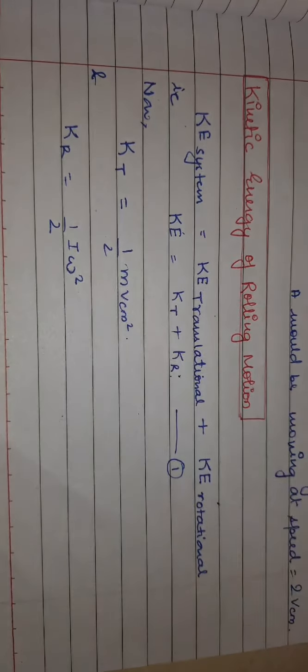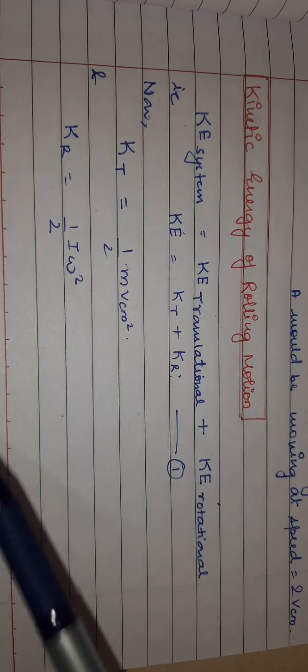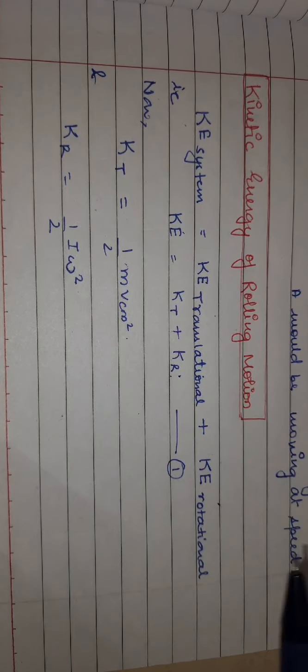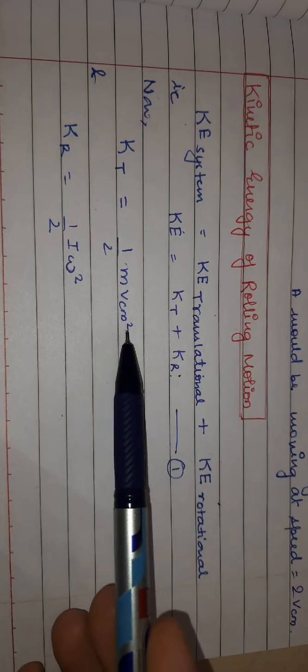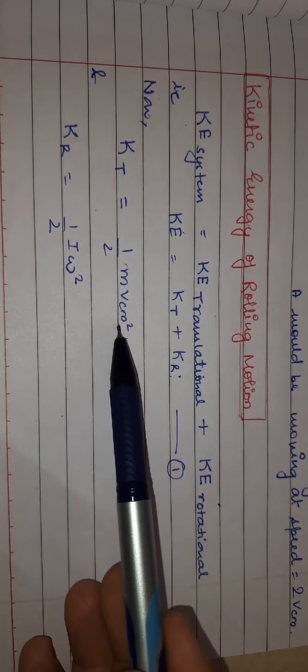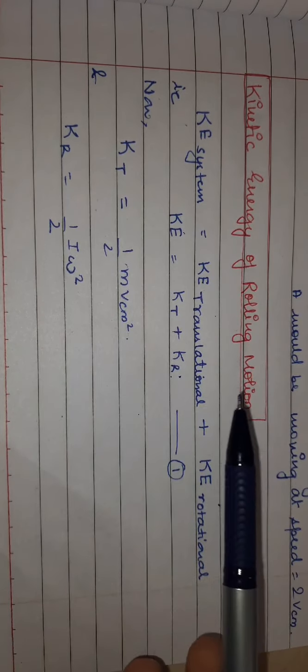Why have we taken the half mv square formula? Because half mv square gives the kinetic energy of a body moving in a linear way, and translational motion is linear motion. So without any discussion we can keep the formula half mv square. In place of v, we have written vcm because every particle is moving with the center of mass velocity.